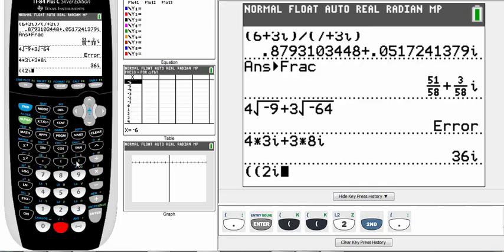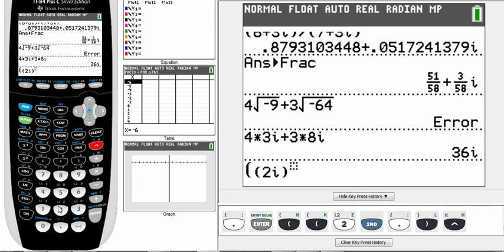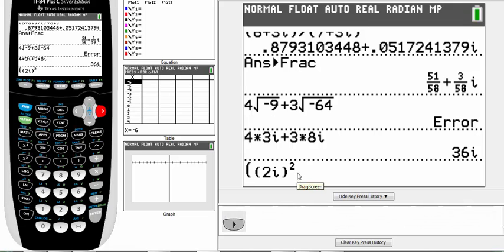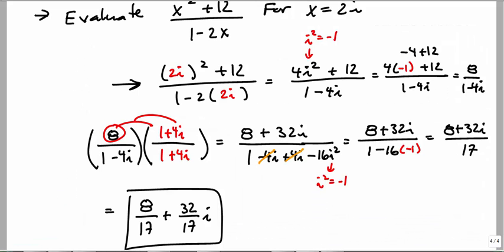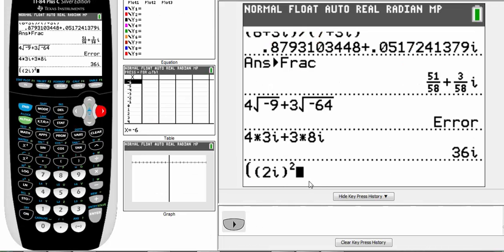So 2i quantity squared. Now you might just end up with a caret key here instead of going up into the exponent, and if you just have a caret key, that's fine. So 2i squared, let me see, plus 12. Oops, my plus sign didn't get in there.